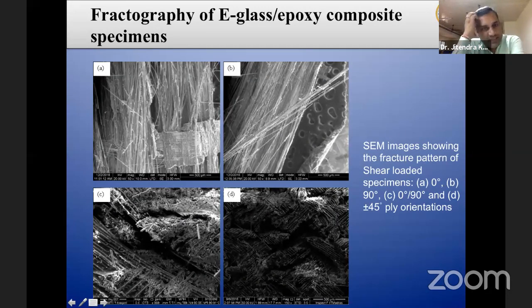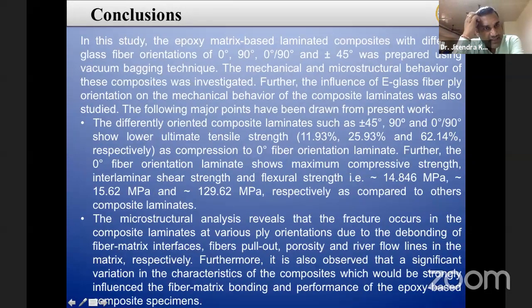From this study, we conclude that whatever laminate we fabricated, like 45-degree plus minus 45, 90-degree, shows lower ultimate tensile strength compared to the 0-degree fiber orientation laminates. Also, the 0-degree laminate shows the maximum compressive strength compared to the other composite orientations.